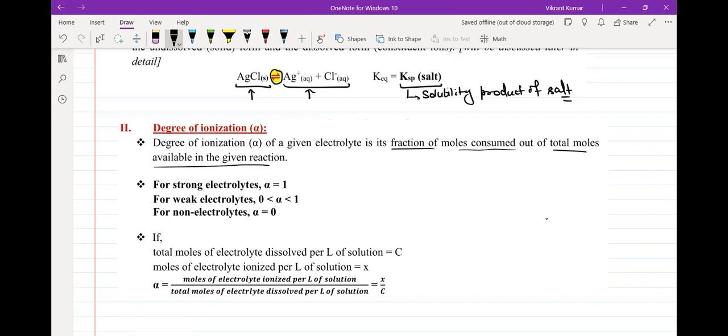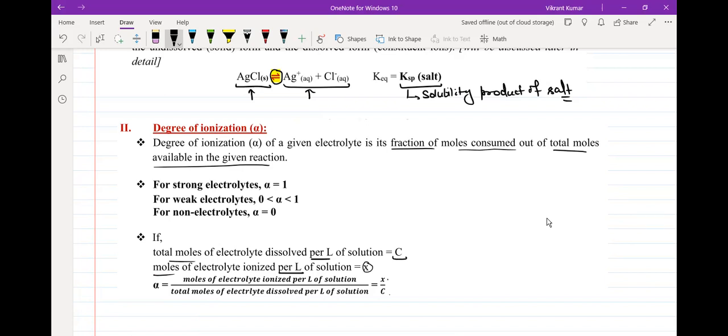It will always be an aqueous phase reaction, and that's why if you see मैंने यहाँ पर concentration term में बात करना start कर दिया है, इसलिए देखो per liter moles की बात कर रहा हूँ. So मान लो if you have added per liter, if you have added C moles, then C is actually the concentration. Mole per liter is nothing but molarity. You know? So if you have added C mole per liter and only X mole per liter is ionized, then X upon C will become the alpha.